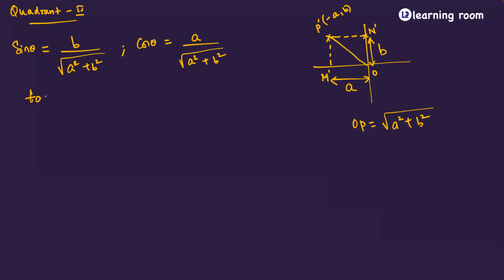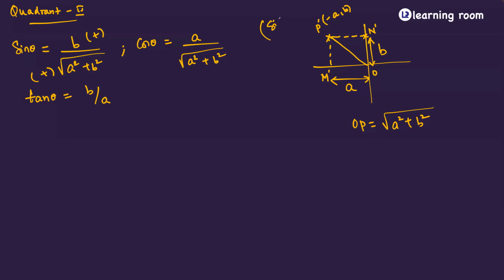What about tan theta? I'll get it as B by A. So I'll take only these three ratios and do the analysis. If you observe, B is along the positive y direction. So this value is positive and this value is positive. So positive by positive is going to be positive.